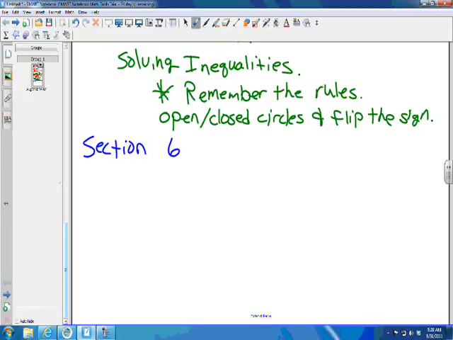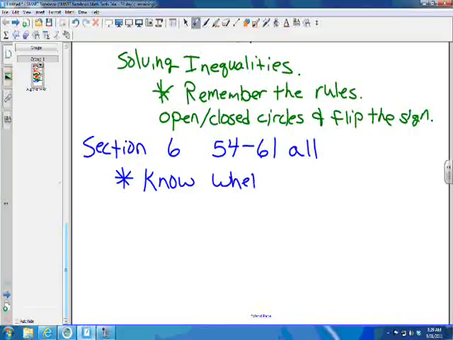Section 6. That's where you have the compound ones and the absolute values. And really the only thing you've got to remember from section 6 is know whether it's conjunction or disjunction.